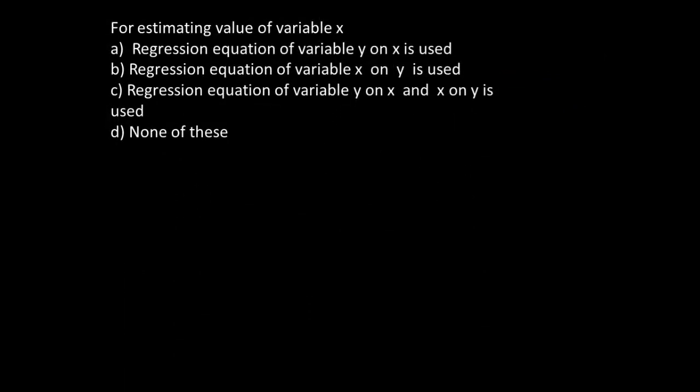For estimating the value of the variable x, is the regression equation of variable y on x used, or the regression equation of variable x on y, or any one of them, or none of these? So when we wish to find out the value of the variable x, it is expected that you should have the expression where x is on the left side.